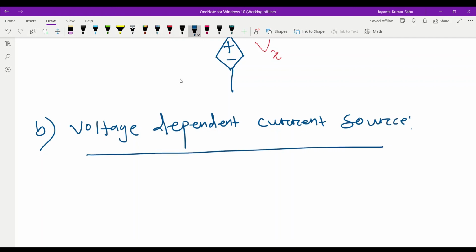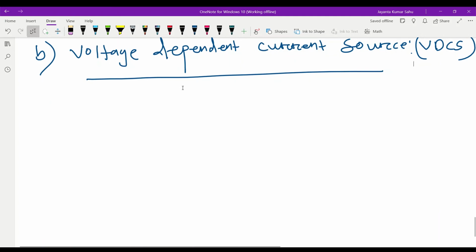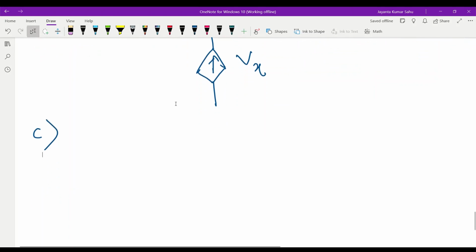It is denoted by VDCS, voltage dependent current source. Dependent source always represented by a diamond shape. Last two letters, current source, means current source always represented by an arrow mark. Voltage dependent means Vx.